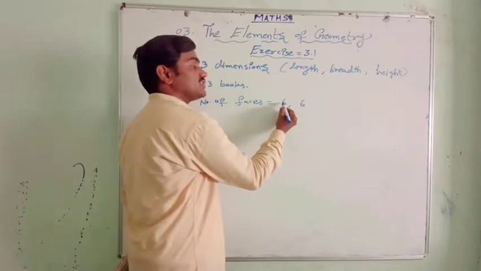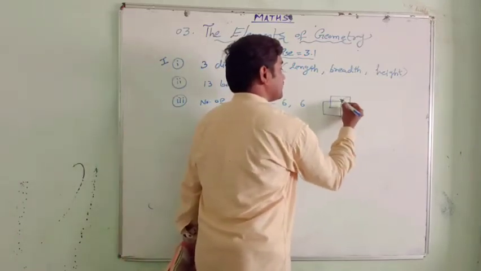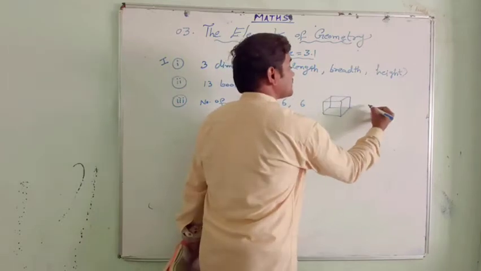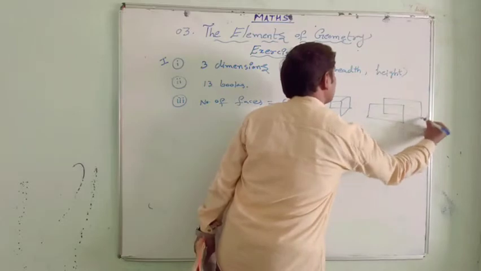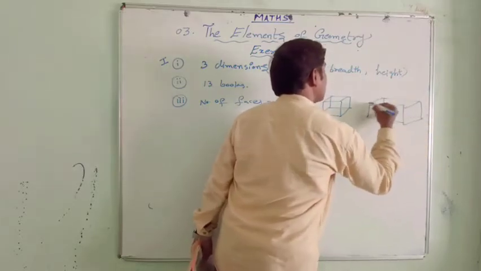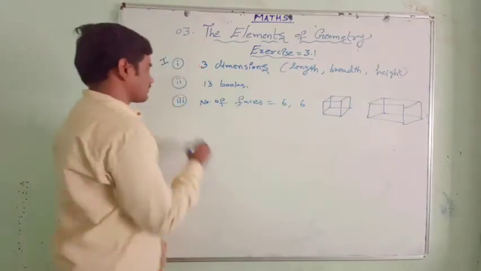A cube has 6 faces and a cuboid also has 6 faces only. That means the flat surfaces of a cube and cuboid are nothing but the number of faces, 6 and 6.